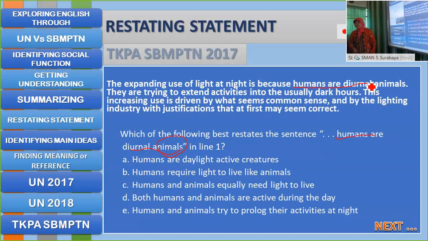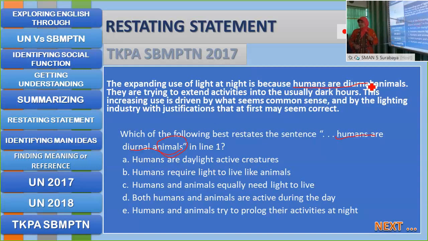The expanding use of light is because we human beings are also active at night, when usually or commonly night is dark, but we still do our activities. So we need light. But we are actually diurnal animals.